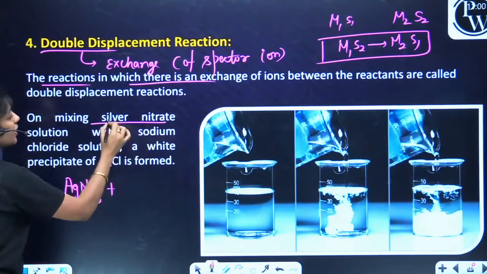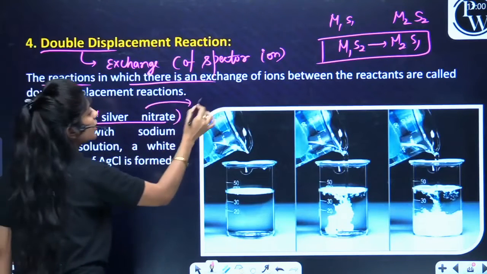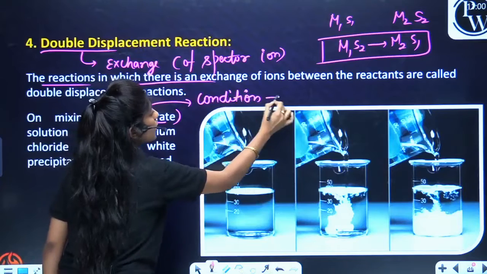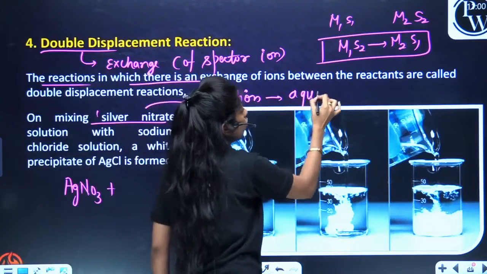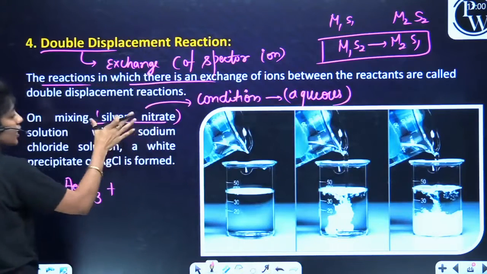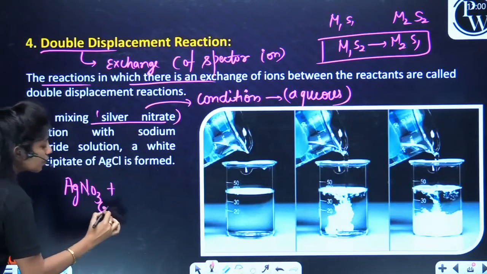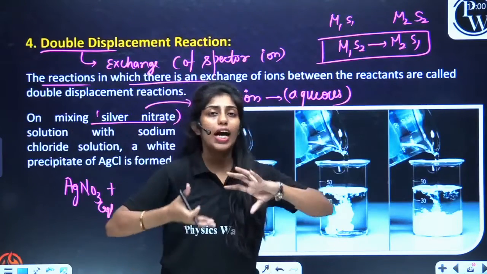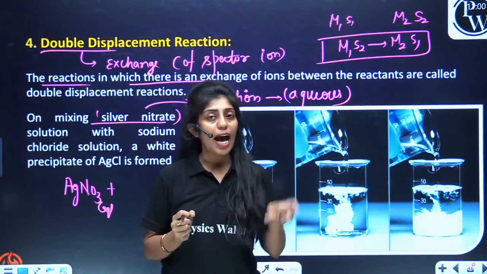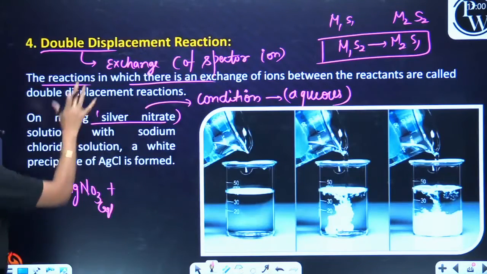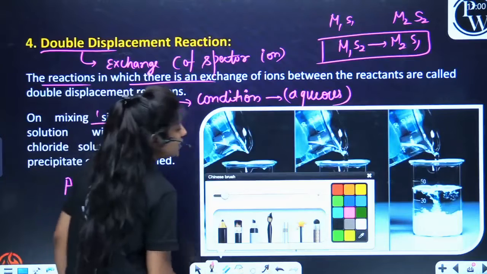This reaction happens, the condition is it should be in the aqueous form. So you see silver nitrate will be in the aqueous form. Because in the aqueous form, it is very easy to exchange the ions. It cannot happen in the solid state. So we will be making the aqueous solution in order for double displacement to take place.